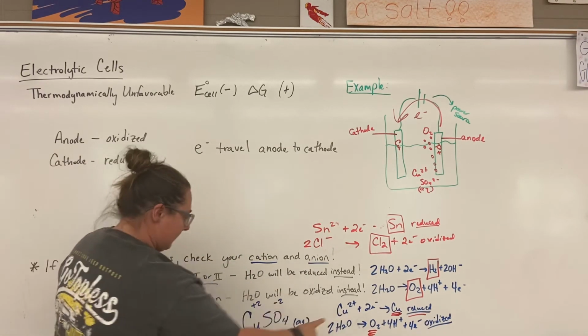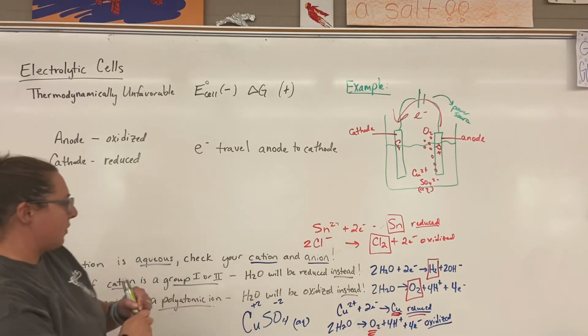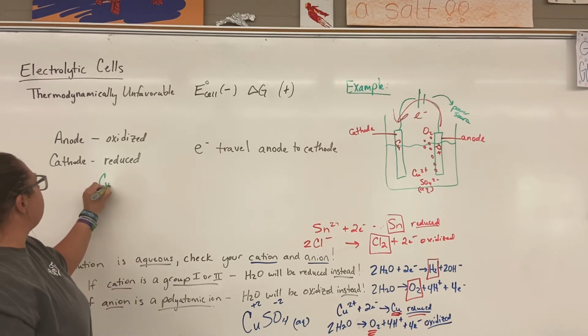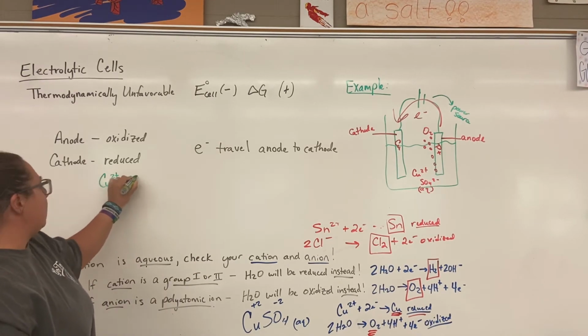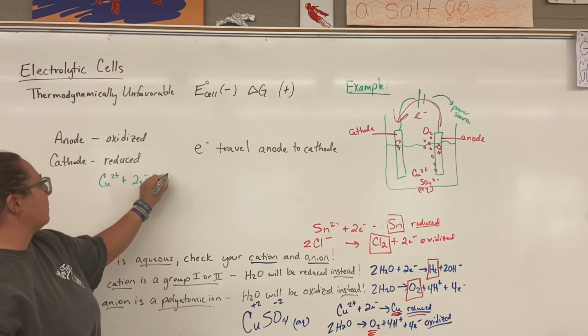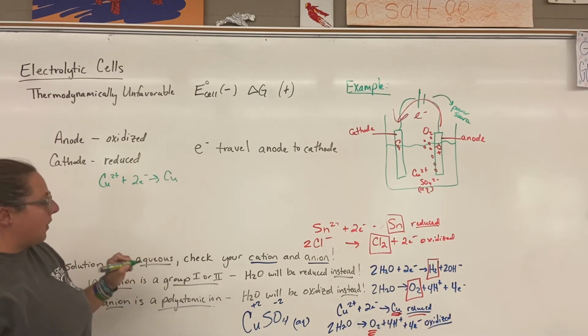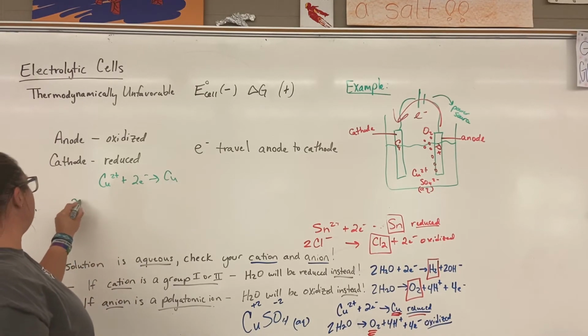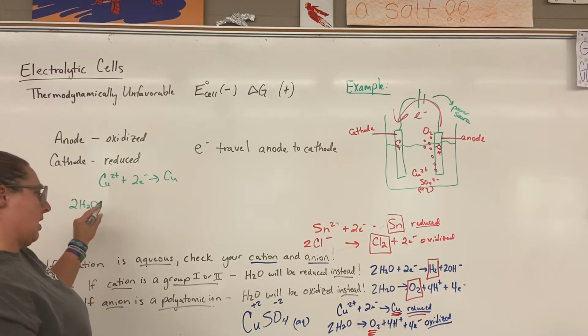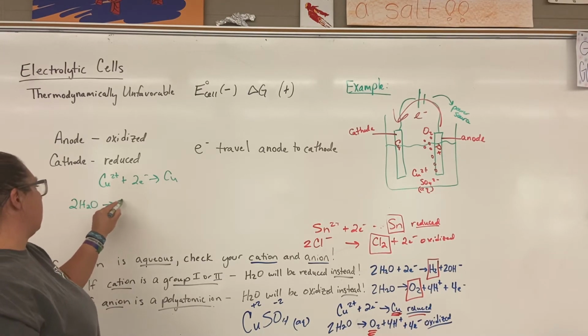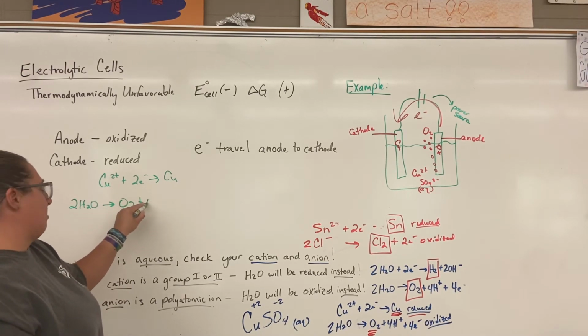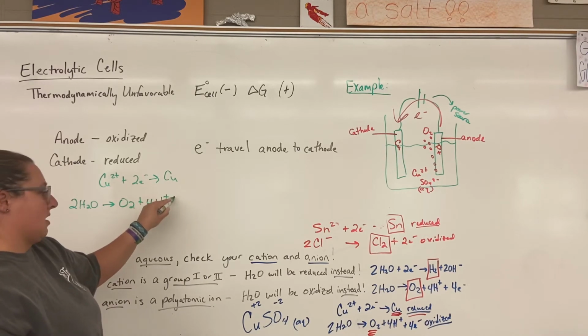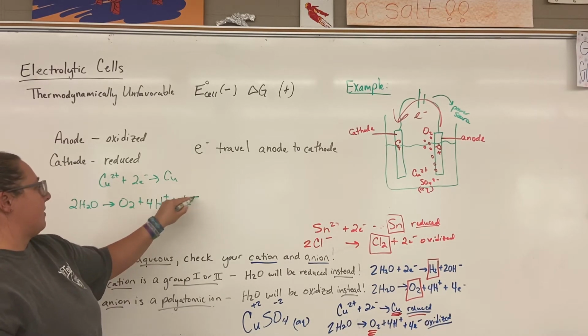I want to rewrite these half reactions up here. So we have Cu2+ plus 2 electrons yields Cu. And we also have 2H2O yields O2 plus 4H+ plus 4 electrons.